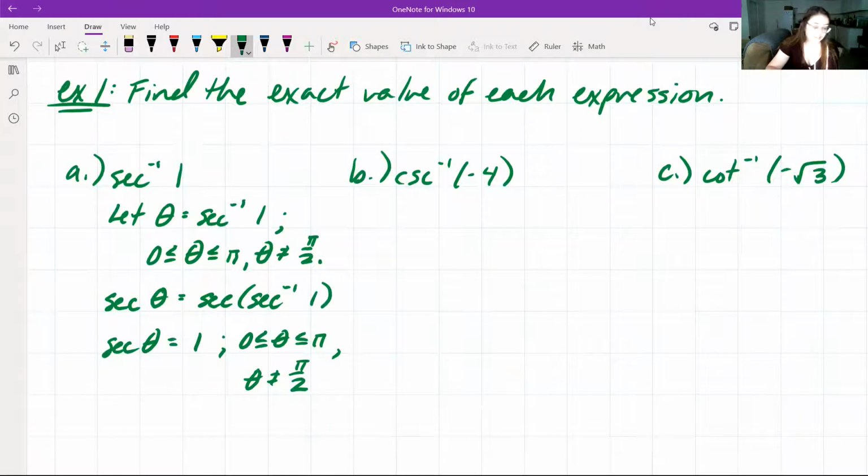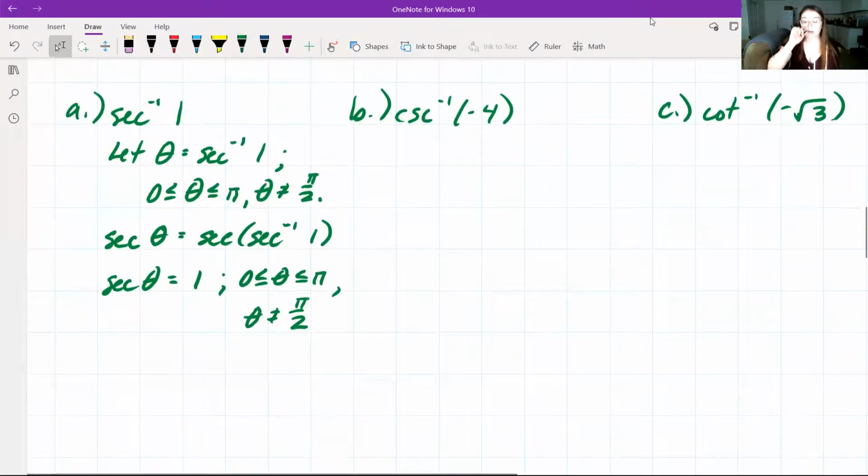So we have secant of theta is equal to 1. We know that secant of theta is just 1 over cosine, so we're really just considering when cosine is equal to 1, because then this would give us the value of 1.